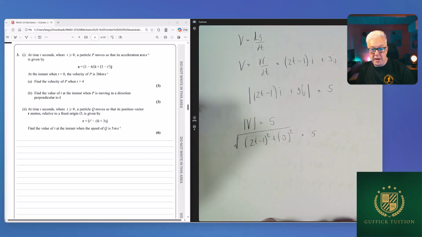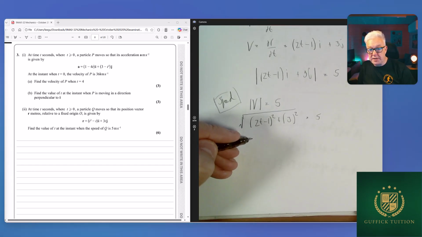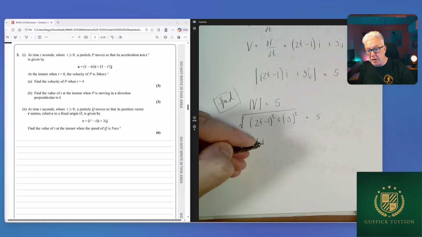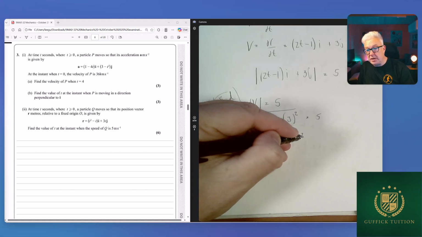And the key thing there was the mention of the word speed. That's how I knew that this was the correct approach. Okay, so we could just square both sides here and say that (2t minus 1) squared plus 9 is equal to 25.